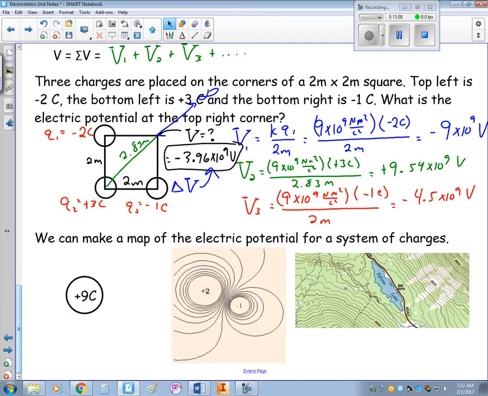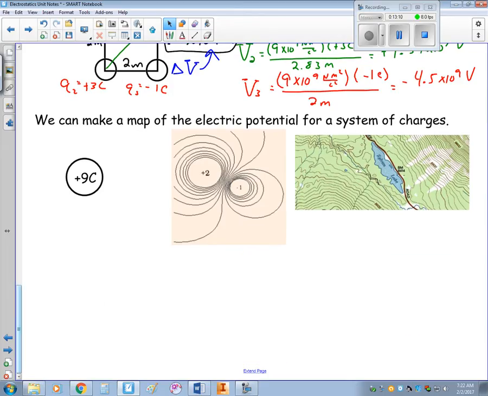Now, once we've done this, we can start to make a map of the electric potentials for some systems of charges. Here I have a 9 coulomb charge, and if I choose a point here that is 1 meter away, I would have 9 times 9 billion, divided by 1.